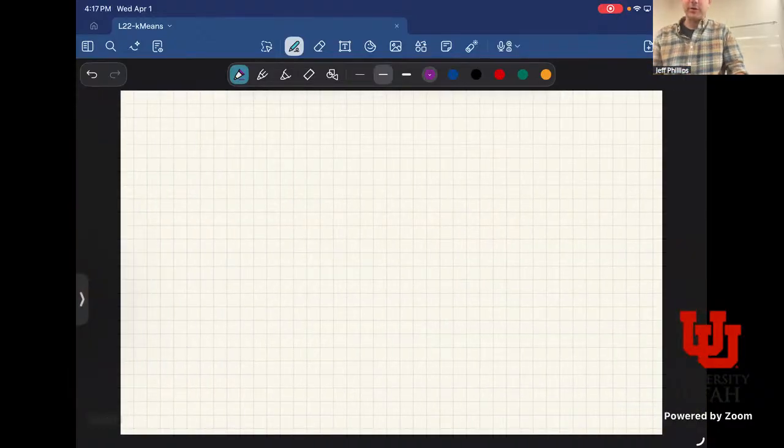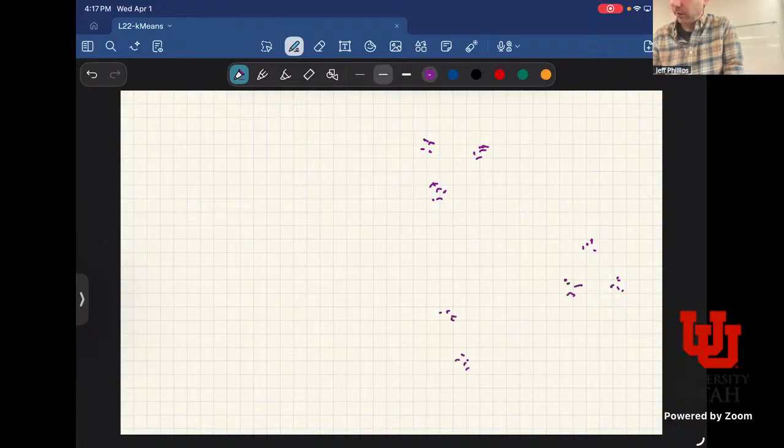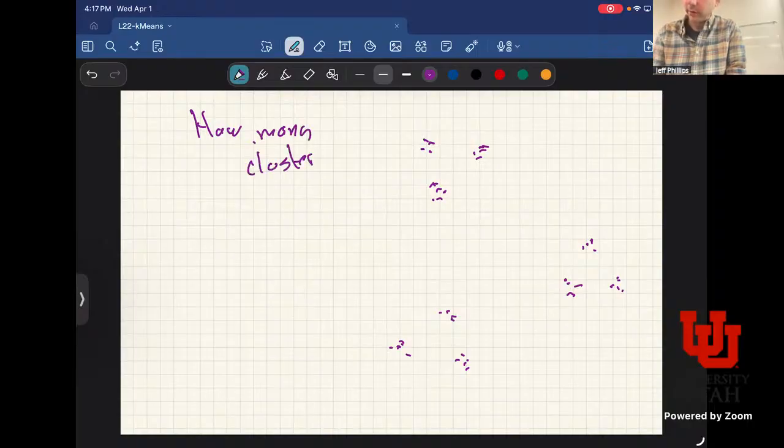Let me draw another picture. Now, how many clusters? There are two obvious answers here.